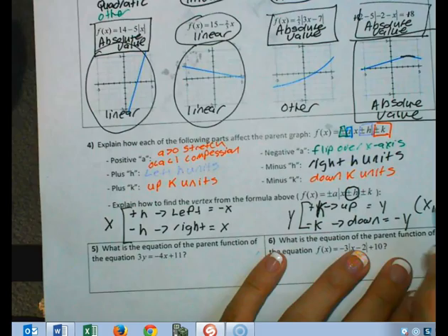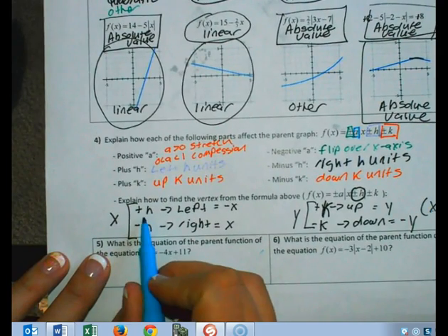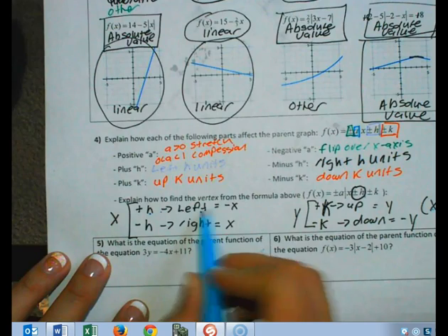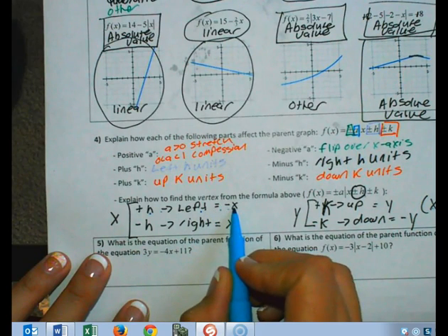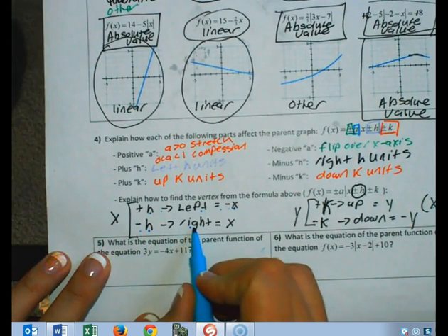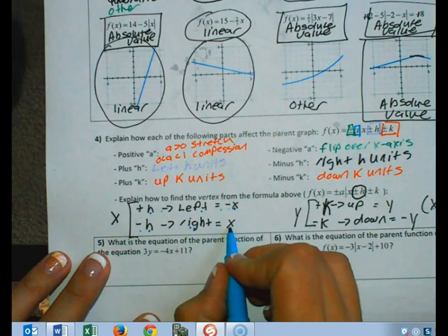Remember, the vertex is going to be a coordinate, so I have x and y. So remember that a positive H, because of inside's lie, moves to the left, which means that I'm going to have a negative value for my vertex. And then minus H, which is a move to the right, because of inside's lie, that means that it's going to be a positive x value.